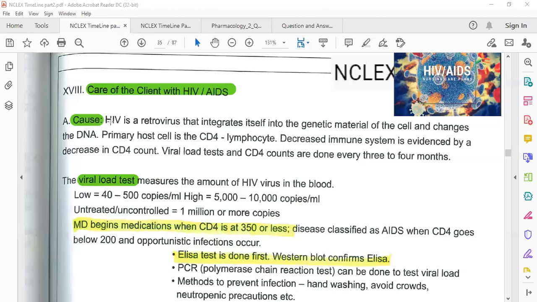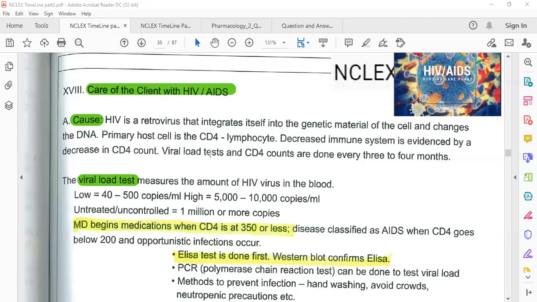Let me read it. HIV is a retrovirus that integrates itself into the genetic material of the cell and changes the DNA. The primary host cell is the CD4 lymphocyte. It is a T cell. Decreased immune system is evidenced by a decreased CD4 count.